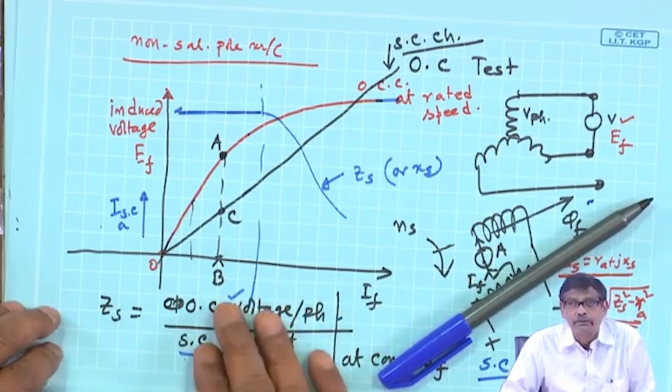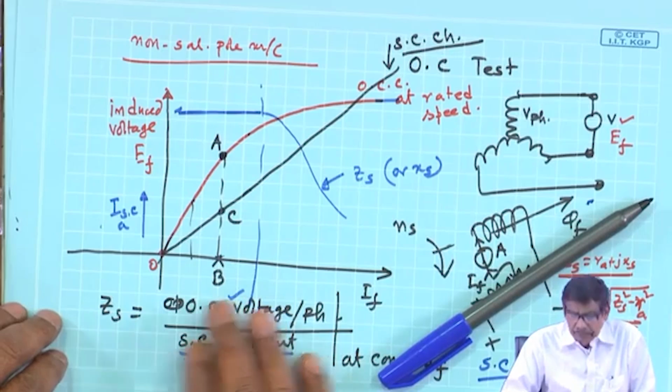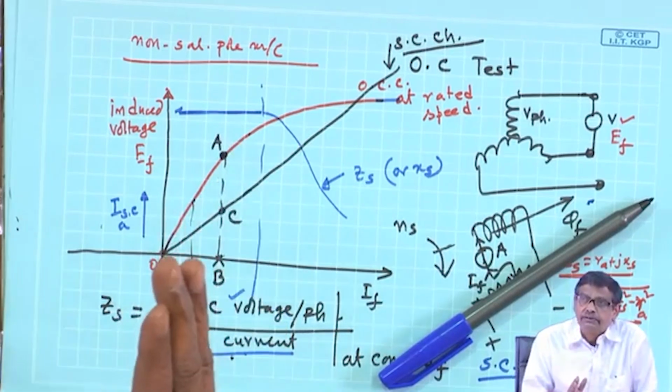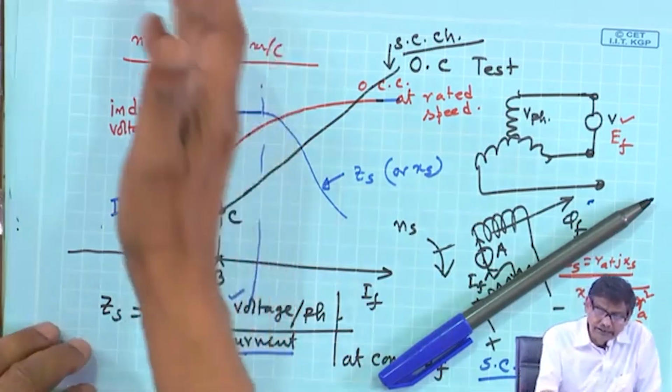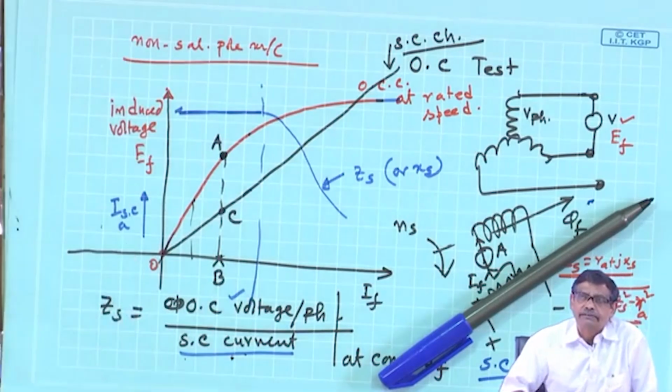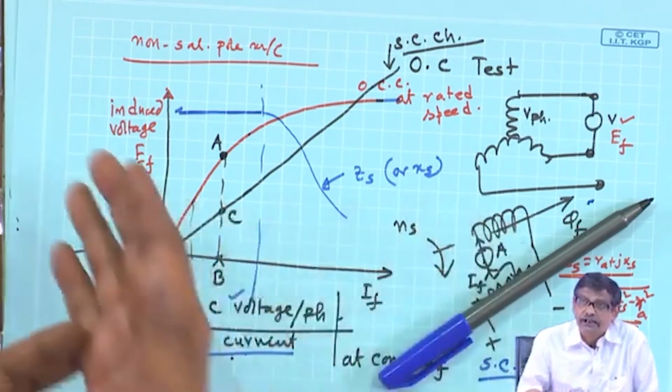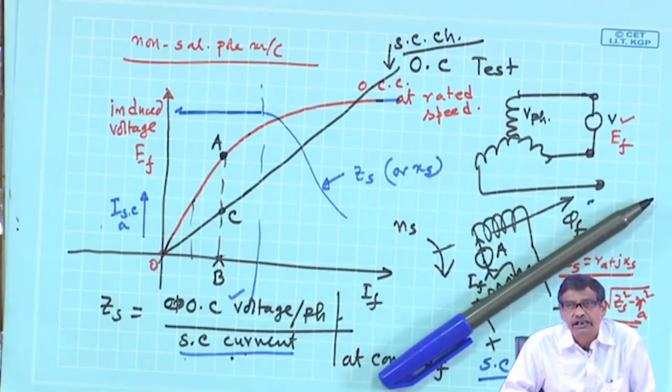But I want to point out that if the machine is operating in the linear zone, and XS can be assumed constant, then you put that constant value of XS. When the machine is loaded, it may be demagnetizing or it may be assisting phi f, so the machine may creep into saturation, and then that value of XS may yield wrong results. So, corrected values of XS are to be used then.